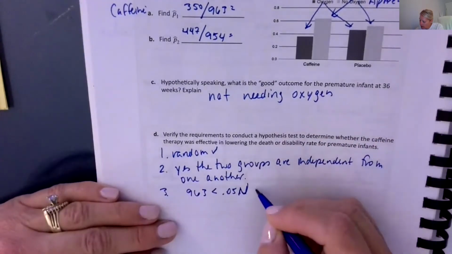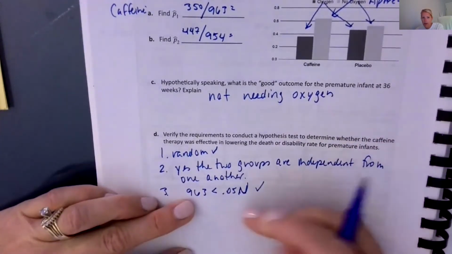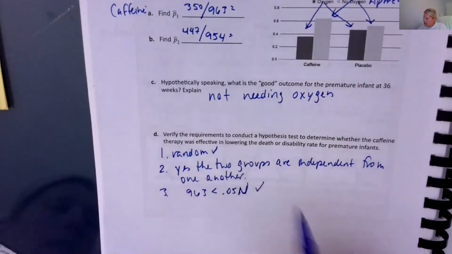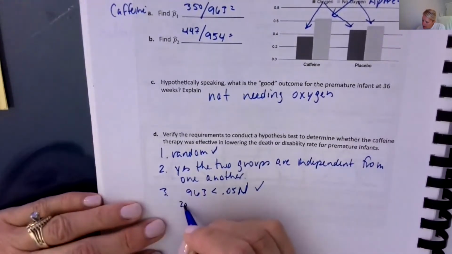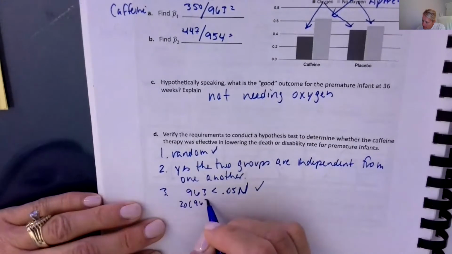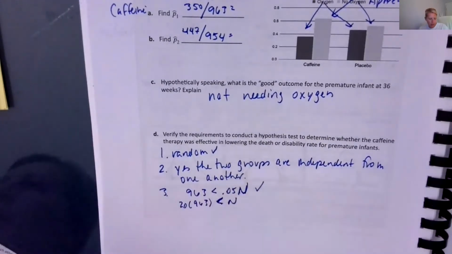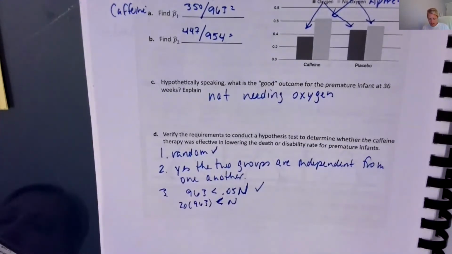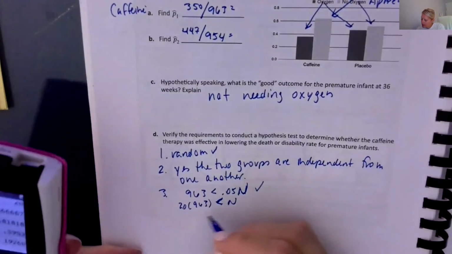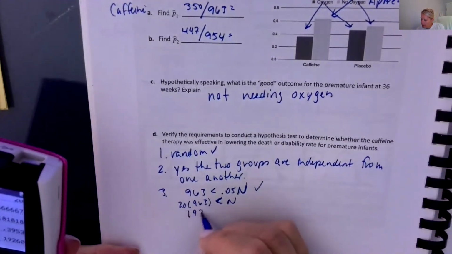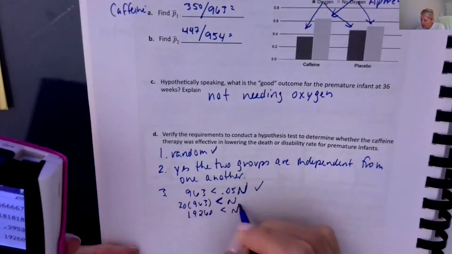So yes, there's definitely way more than, so if you thought of this as 20 times 963, you could make sure the N is as big as that. So are there at least 19,260 babies out there? Yes.